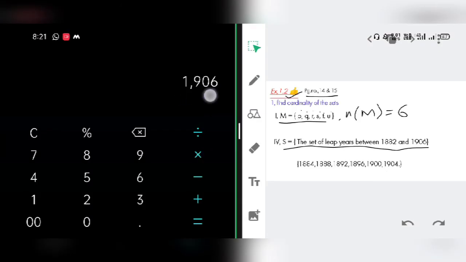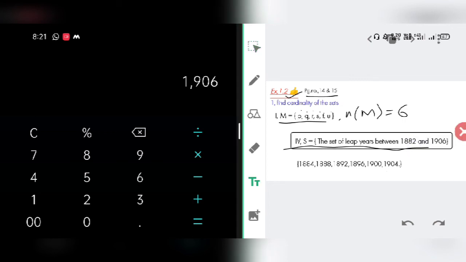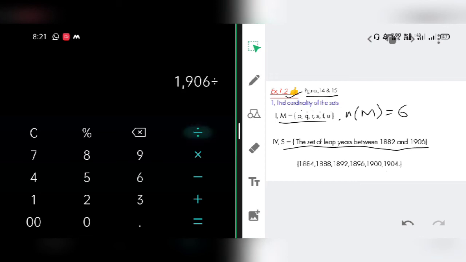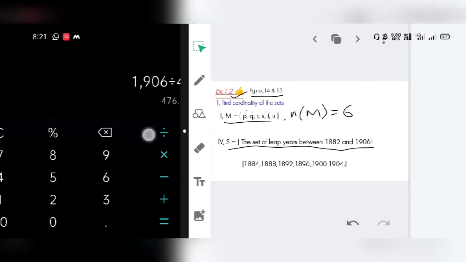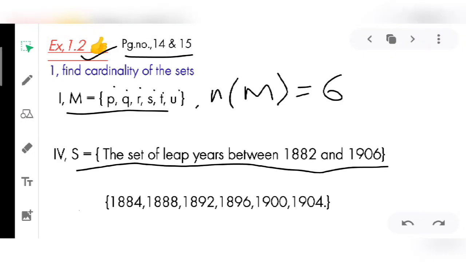Likewise, we have to check till 1906. From 1882 to 1906, we have to check the leap year calculations. Finally, 1906 divided by 4 does not give an exact value, it has the fraction 0.5.